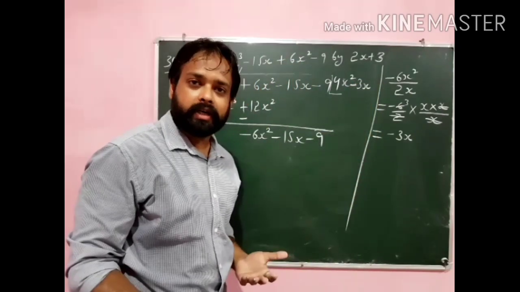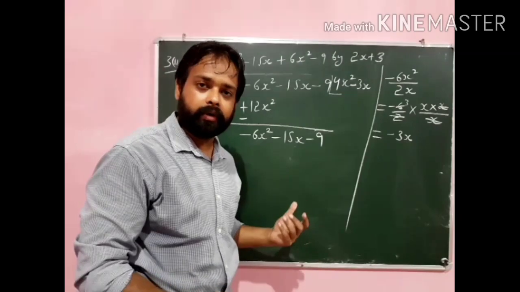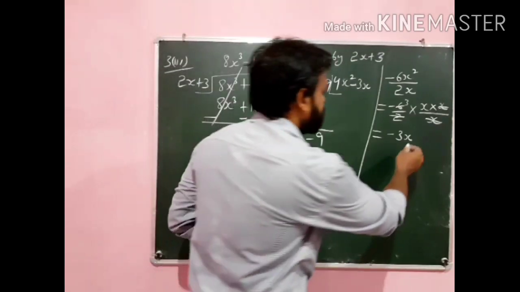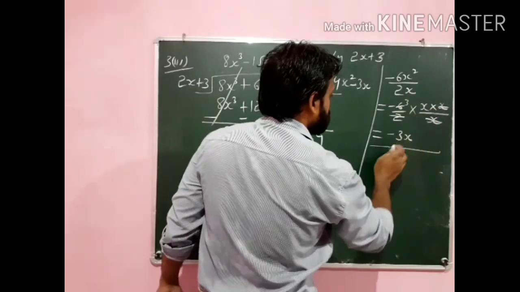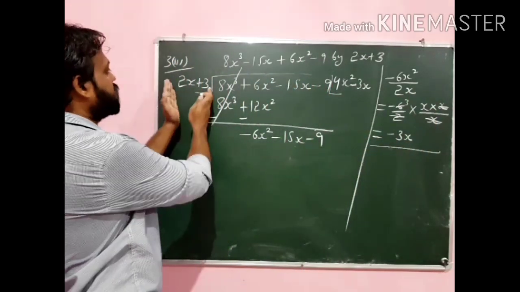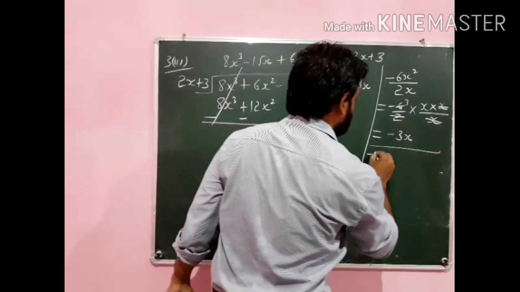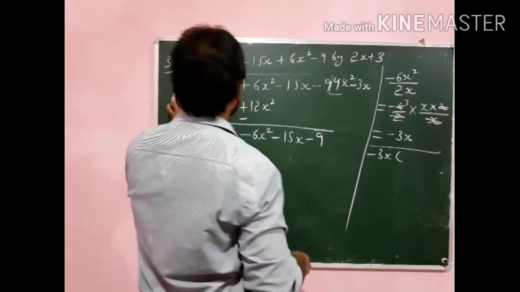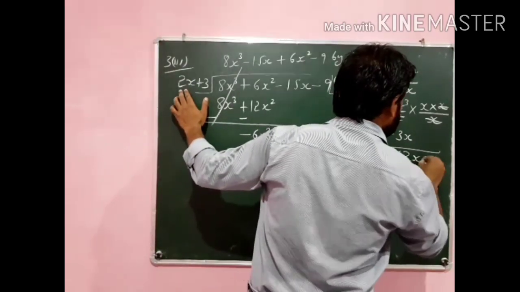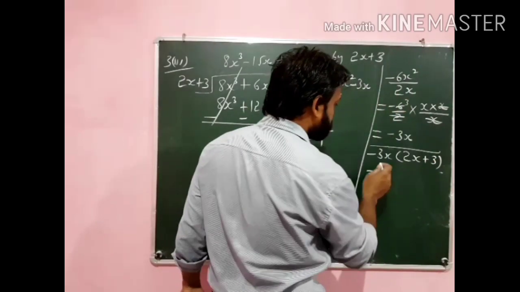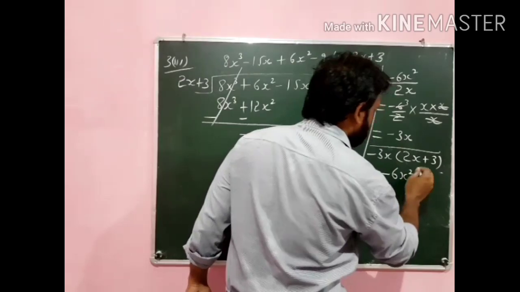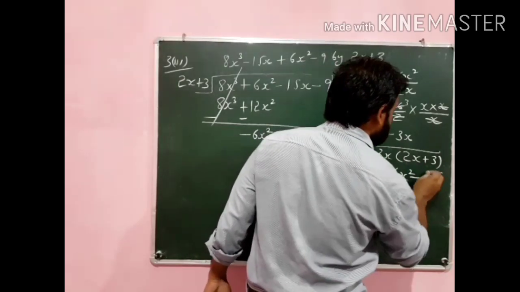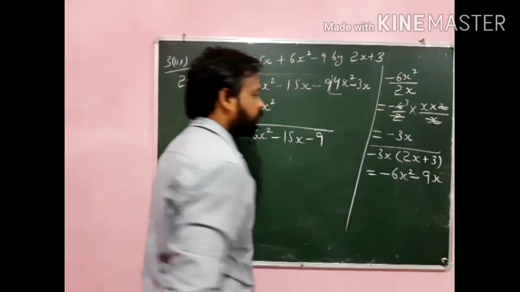Now what is the second step that we have to follow? Now this value which we just got after calculation, we have to multiply with the divisor. So it will become minus 3x multiplied by 2x plus 3. So it will become minus 3 into 2x, which is minus 6x square, and again minus 3 into 3, which is minus 9x. I hope it is clear to you.